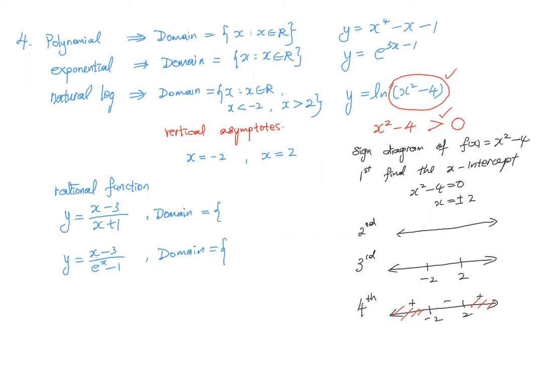For the first one, x plus 1 must be more than 0. Are you sure? Rational is the bottom cannot be 0. Oh, must be, yeah.